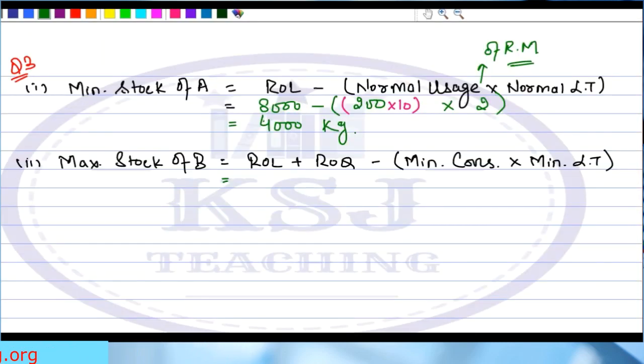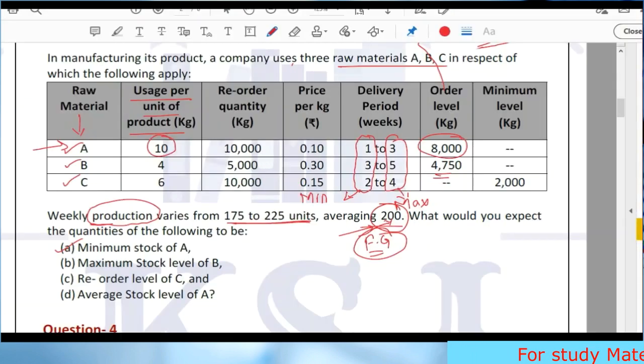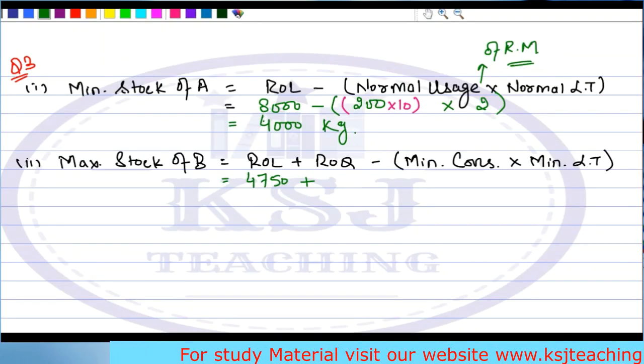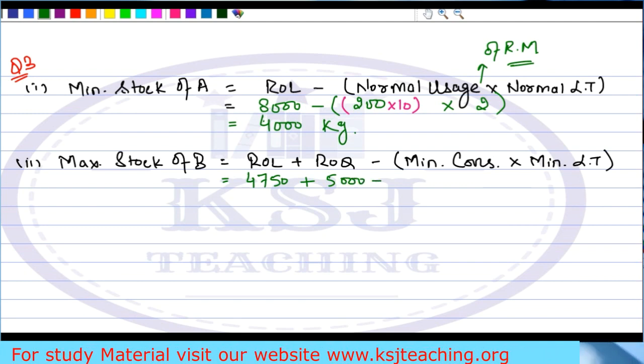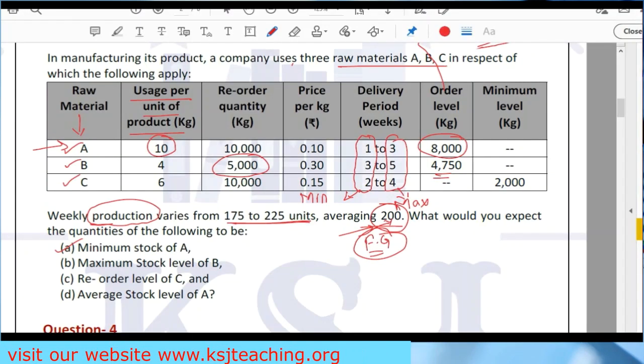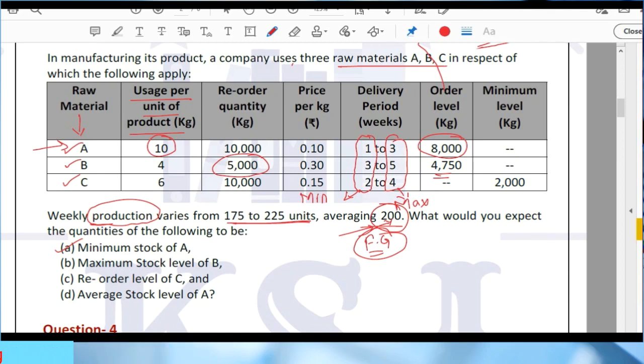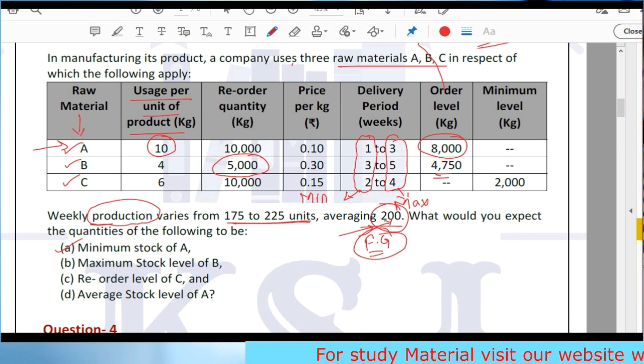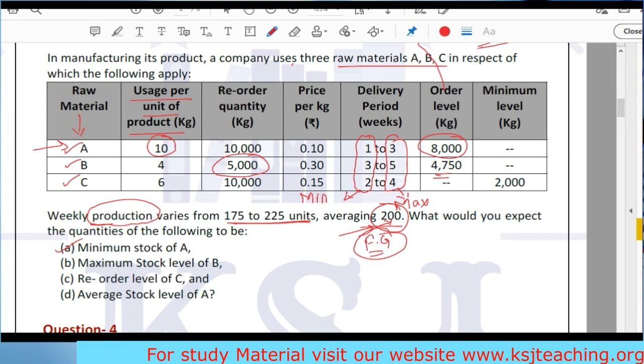Okay, I'll write 4750, right? Plus, what is the reorder quantity for B? It is given as 5000. Okay, I'll write 5000. What is the minimum consumption for B?